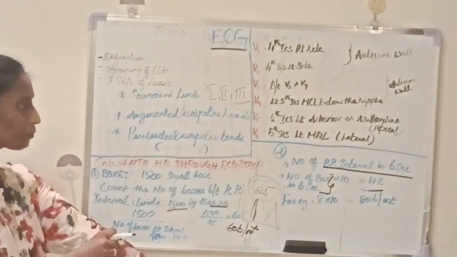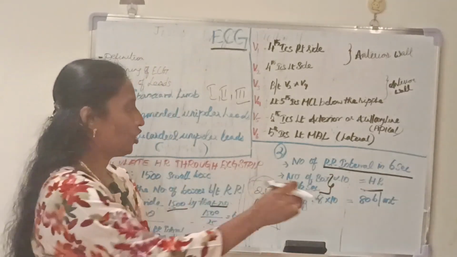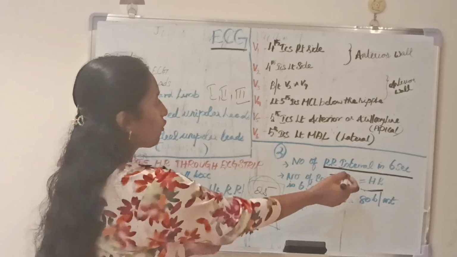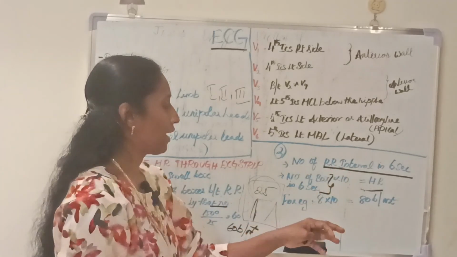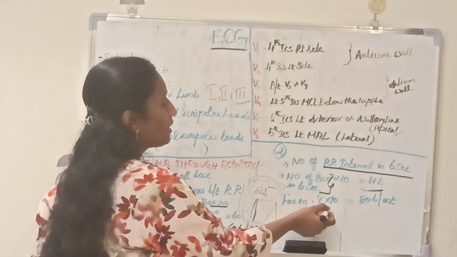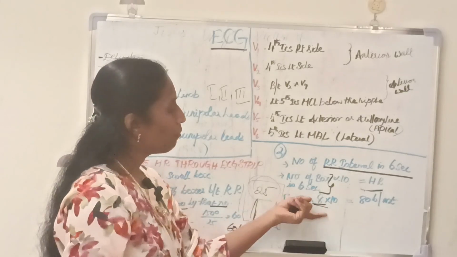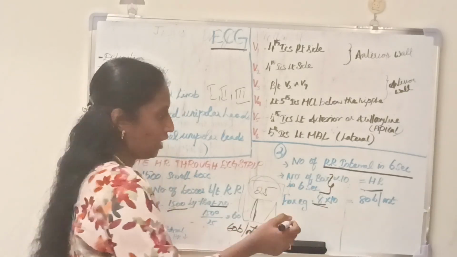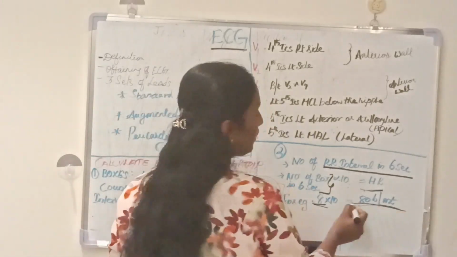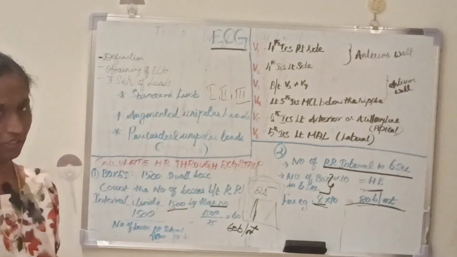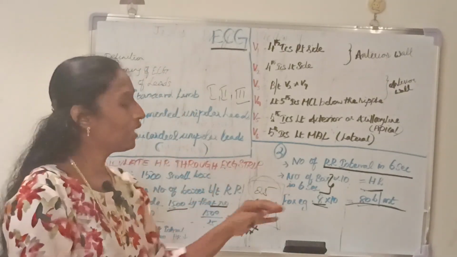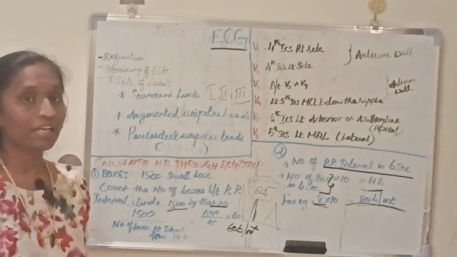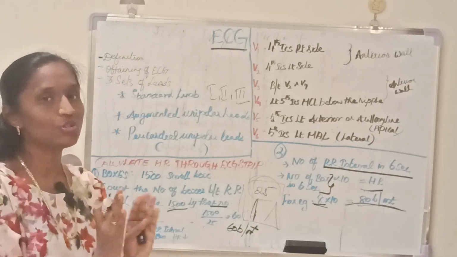For example, if you take the result as 8, then 8 multiplied by 10 means the patient's heart rate is 80 beats per minute. This is how we can calculate the heart rate with the help of ECG strips.